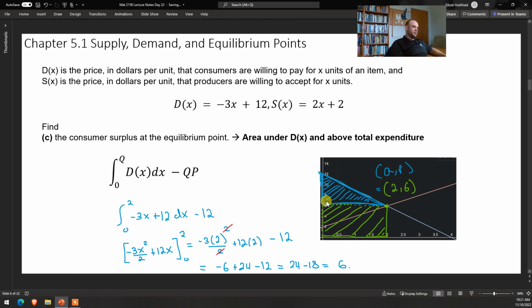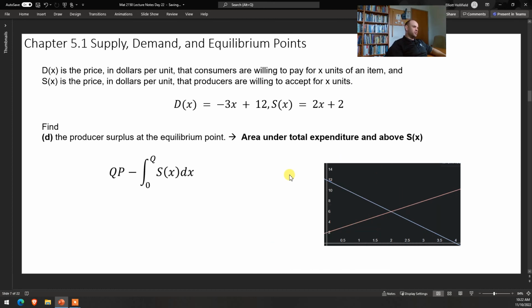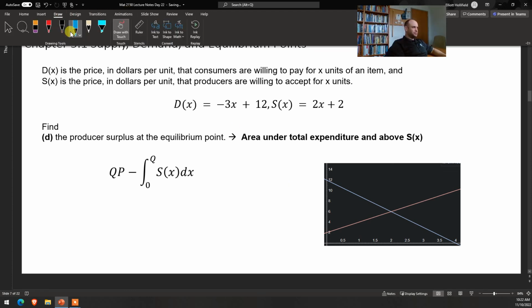So now we know the total area which lies above this rectangle, which gives us the surplus of money that the consumers were willing to pay versus the equilibrium point. Now let's find our producer surplus. Again, it's defined by this integral.